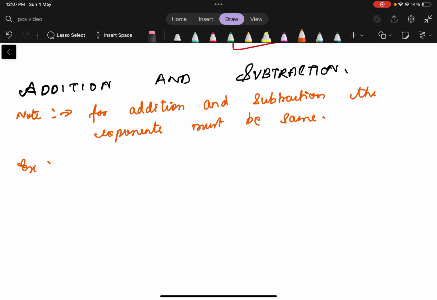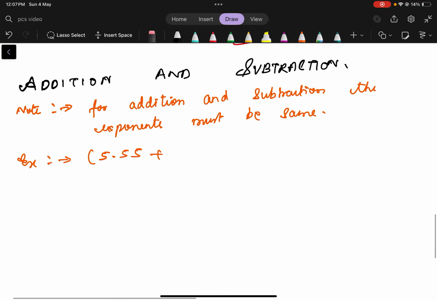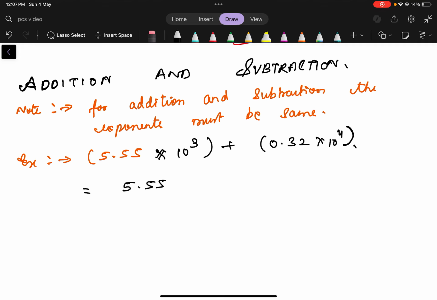Let's look at this example: 5.55 into 10 to the power 3 plus 0.32 into 10 to the power 4, right? So it comes to 5.55 into 10 to the power 3.